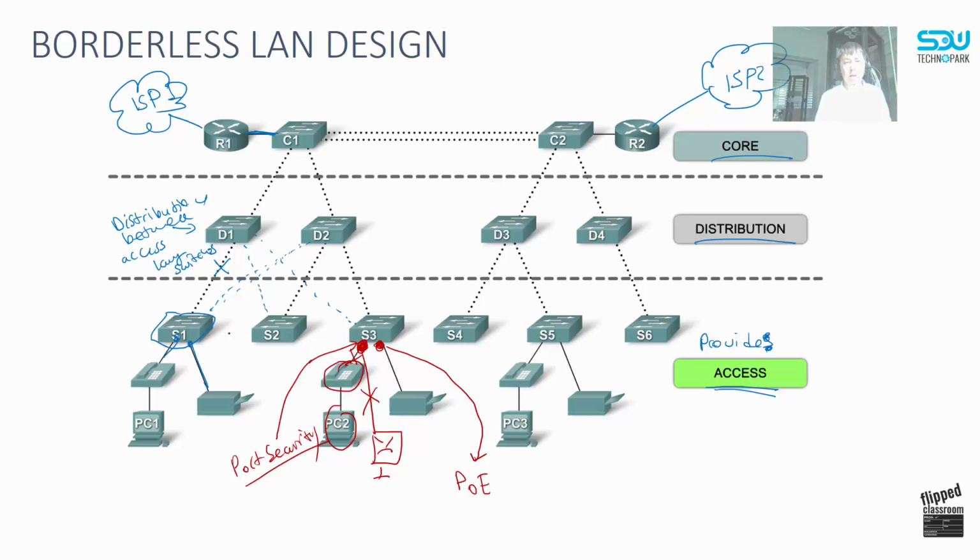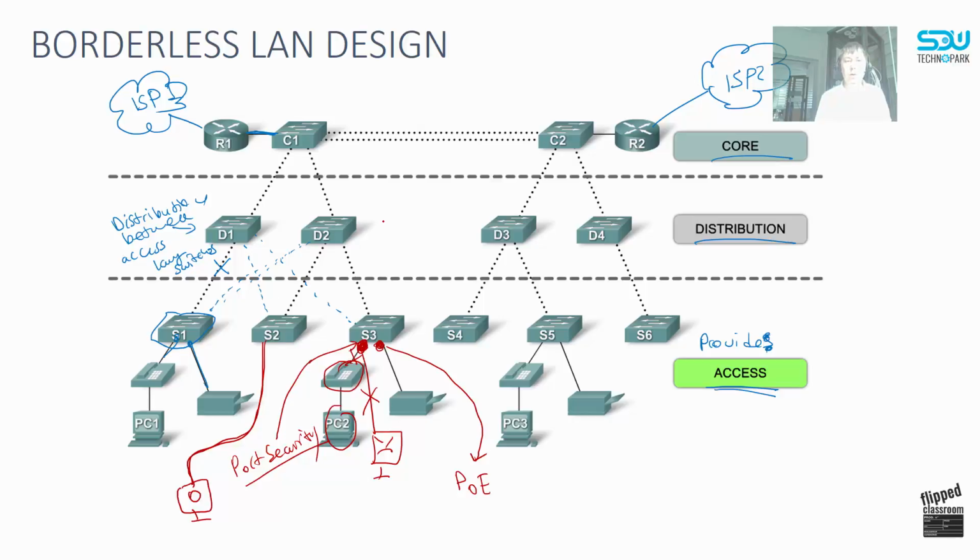For example, if you are connecting an IP camera, you just need a single Ethernet cable, and by using this Ethernet cable, the switch will generate an electrical signal to power that device, and also it will provide the signals to send and receive data.